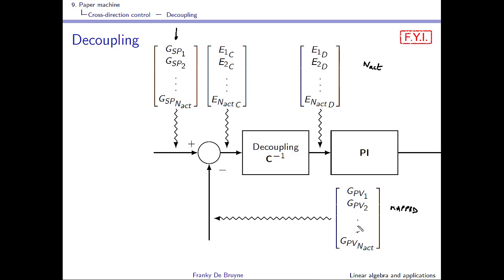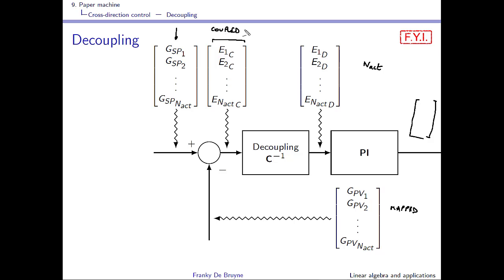In the end what we expect over here are actuator positions, and they can be stacked also in a vector, and they should be produced here by a PI algorithm, a proportional integral controller. If you take the difference between your grammage set point and your grammage process value, this leads to an error vector, and this error vector, you cannot feed it directly to the controller because this is the coupled error.